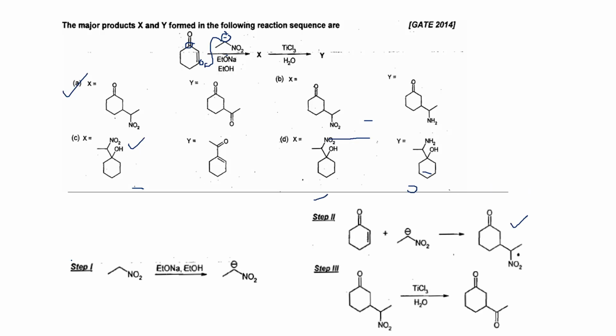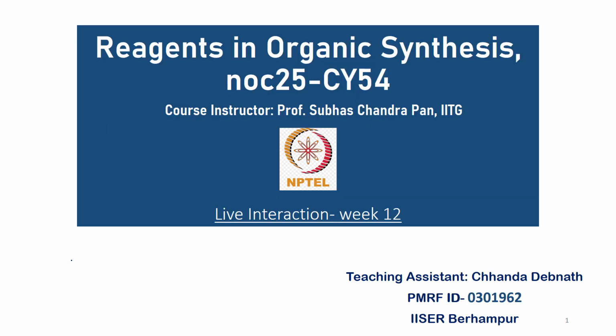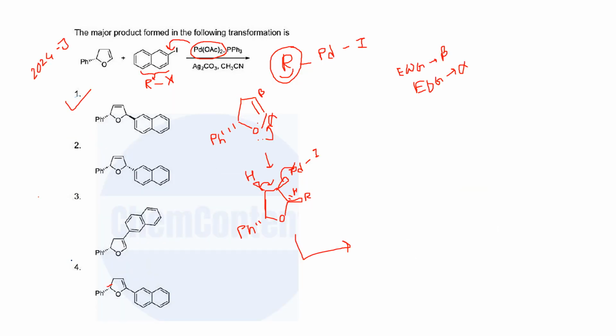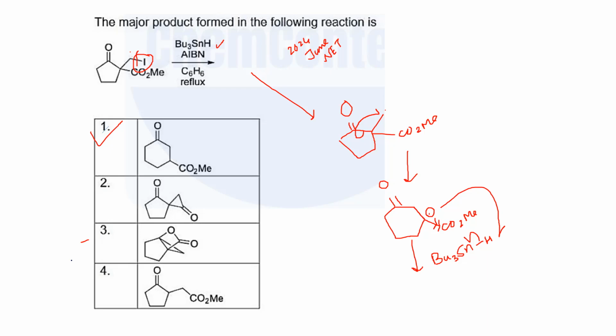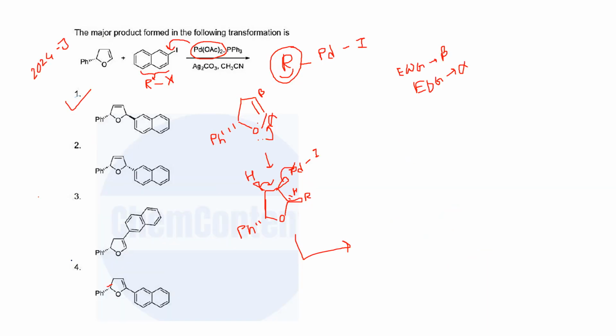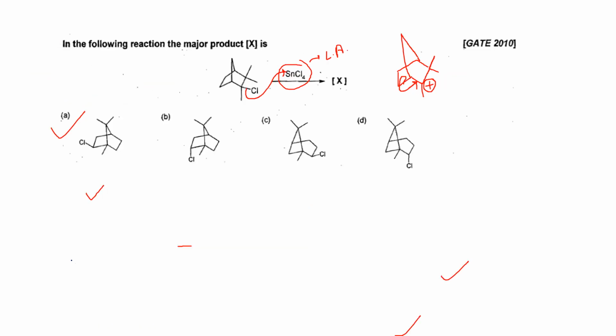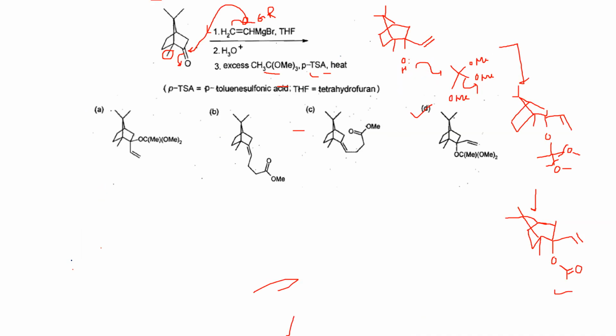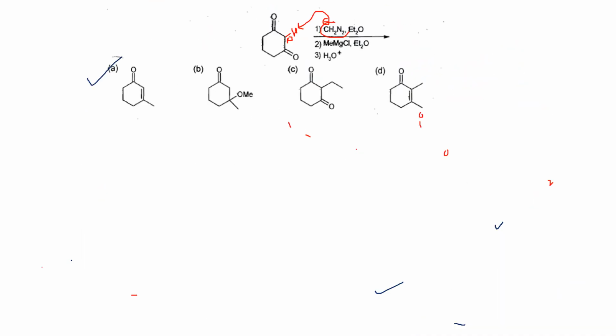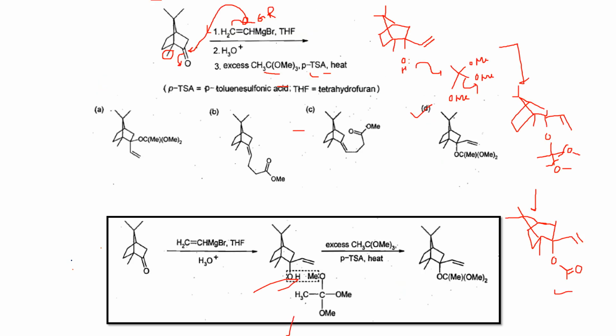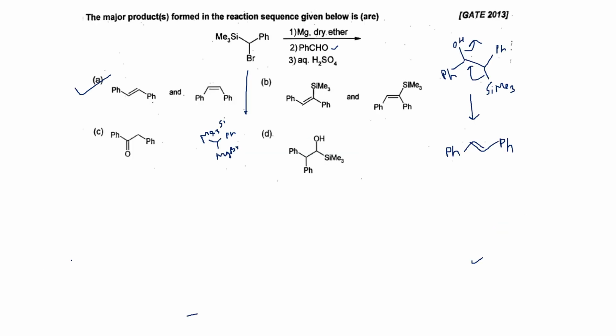Class. So we started from Bu3SnH. One of the questions came in a recent NET examination. Then we solved a question based on Heck coupling. Then we solved a question based on tin catalysis. Then we moved to some Grignard reagent questions and some Gilman reagent questions also.